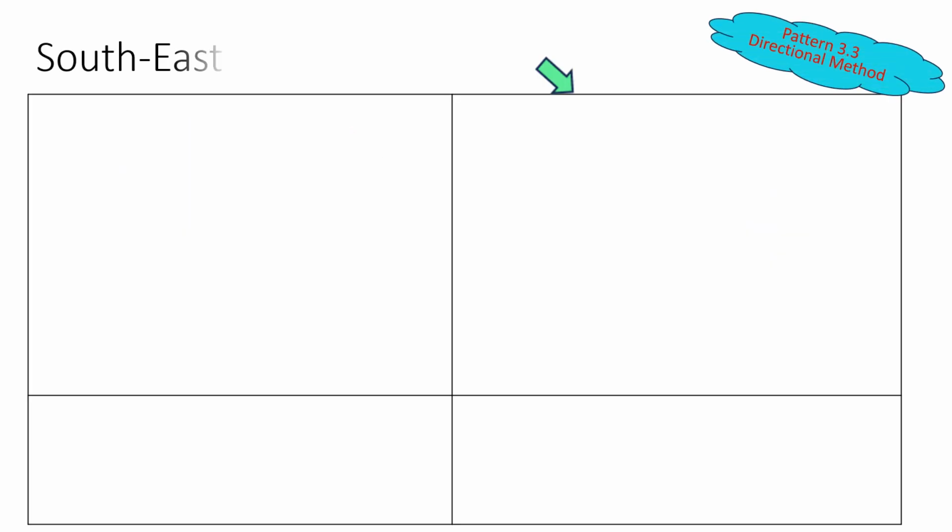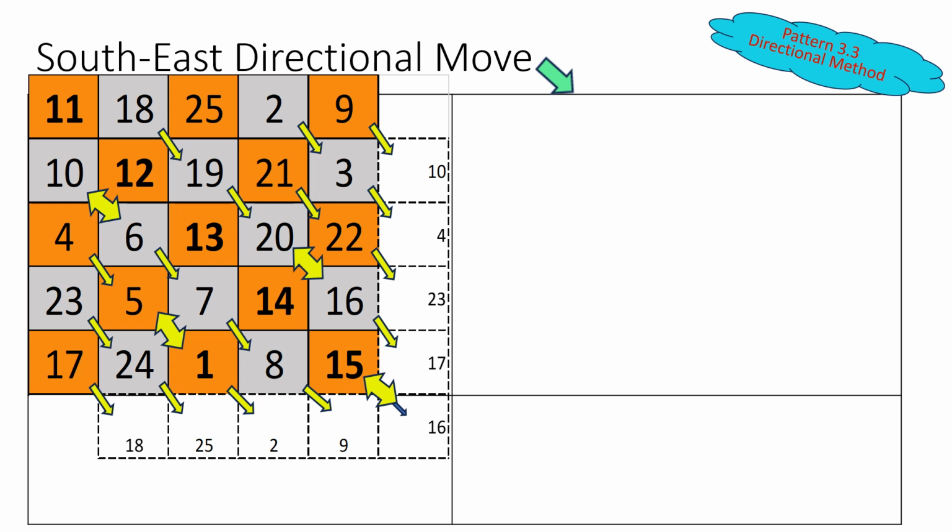Next comes the south directional move. Here you see 1 falls on south. You have to travel towards the eastern side. So 2 gets flipped inside, then 3, 4 get flipped inside, then 5, there is a jerk.